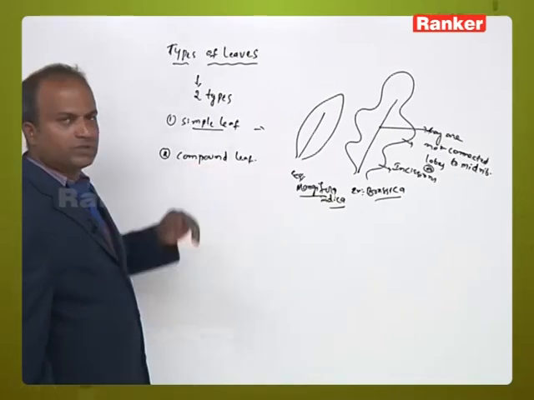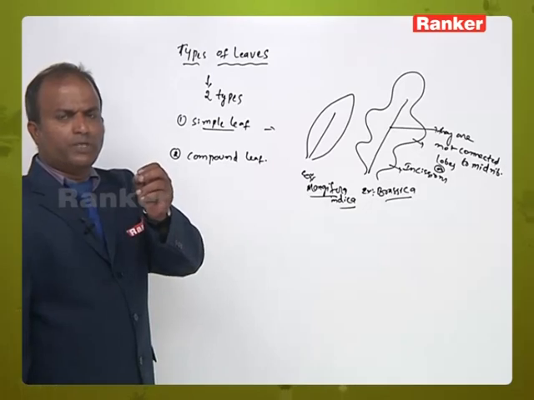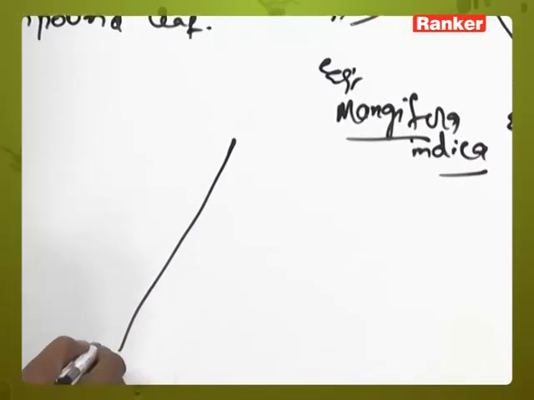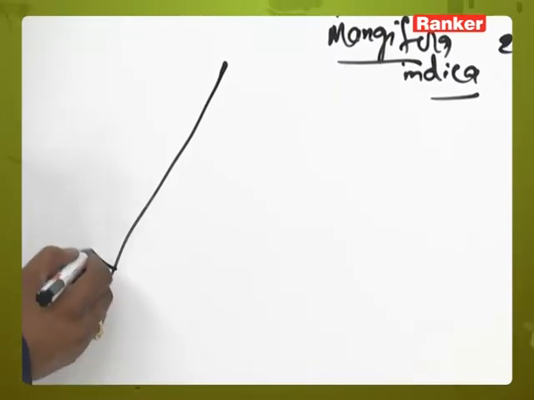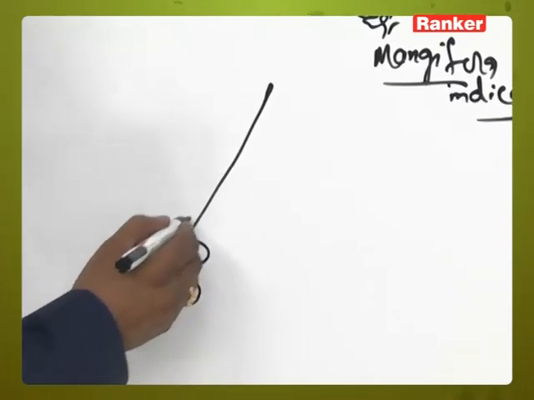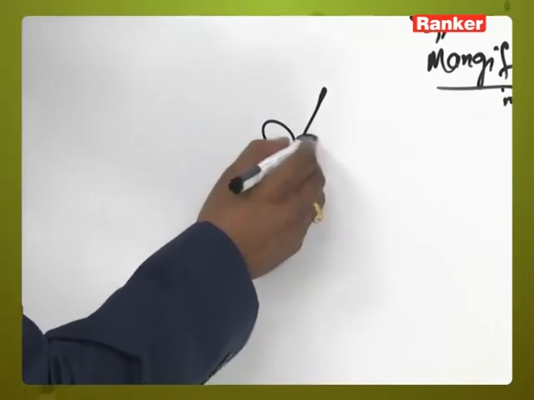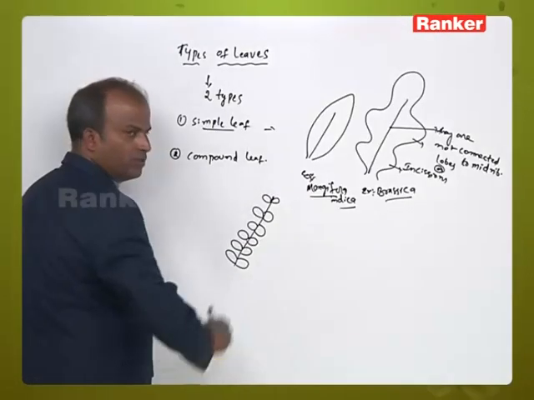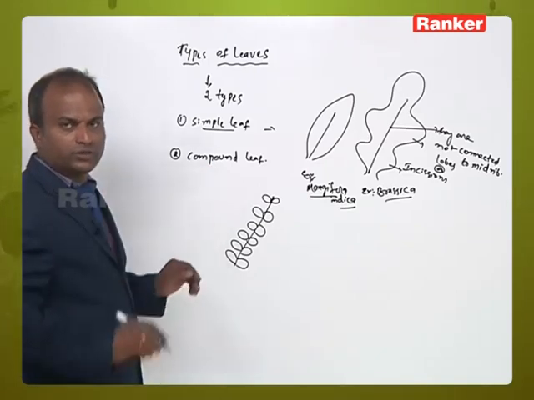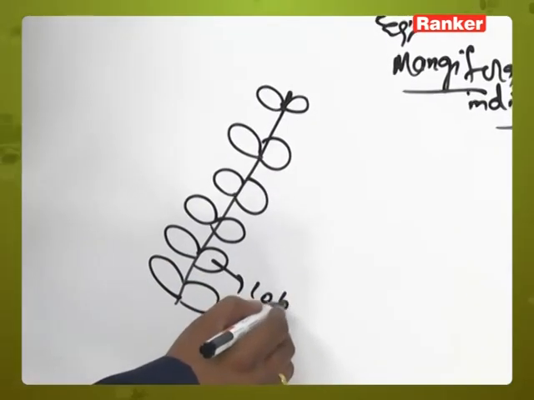When we move towards the compound leaf, the difference is simple. In a compound leaf, it shows incisions or lobes. These lobes or incisions are attached to the midrib. That means the compound leaf does not show an entire margin.